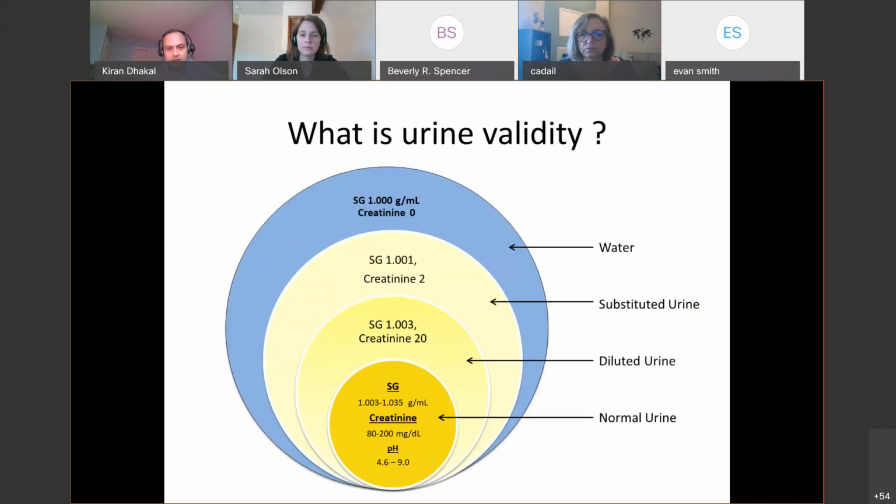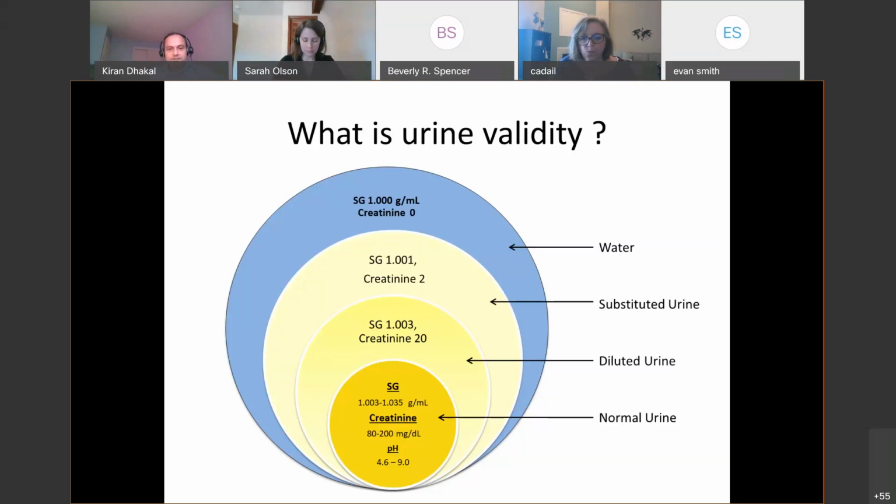If you look at the front small circle, the specific gravity, given that water has a specific gravity of 1, the ideal, normal urine should have a specific gravity in the range of 1.003 to 1.0035. And the normal creatinine concentration should be 80 to 200 milligram per deciliter. And normal human urine has a pH of 4.6 to 9.0.